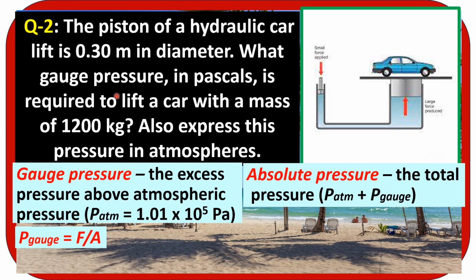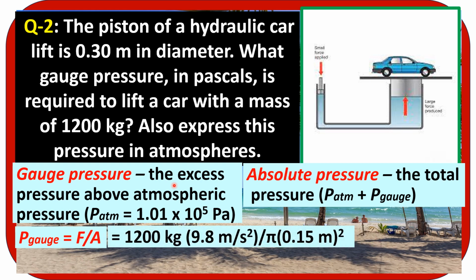That will be divided by the area of the big piston, capital A, which when we substitute, we have 1,200 kilograms, the mass of the load. So we need to multiply it by 9.8 meters per second squared to get the weight, and then divide that by pi r squared.